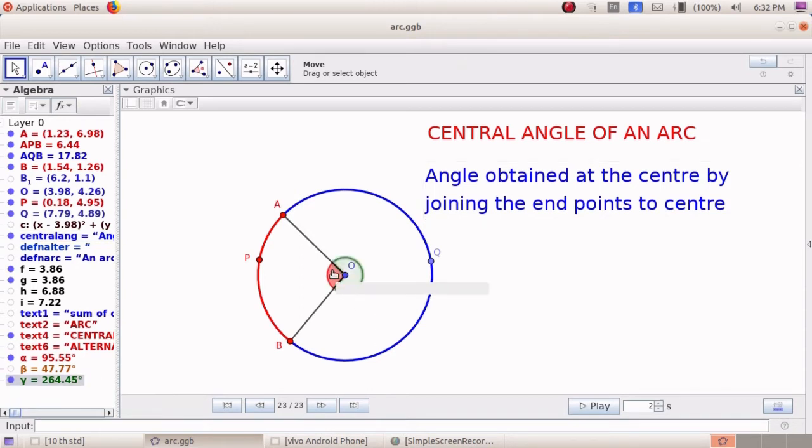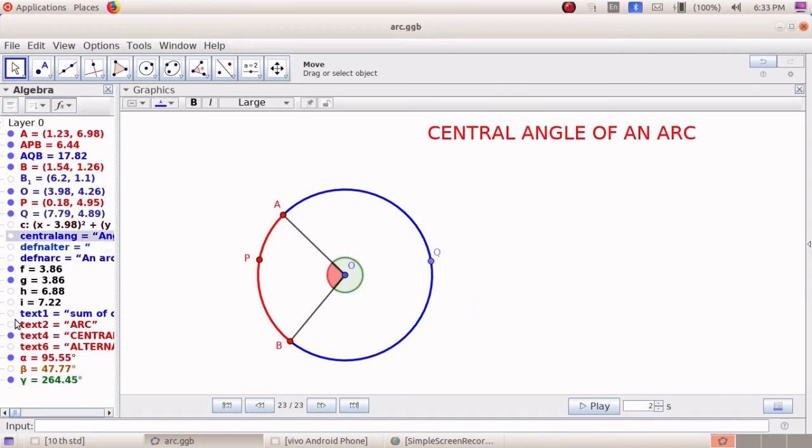Now we see when these two arcs are considered together, they form the total angle around a point. You see, when these two angles are considered together, their sum will be 360 degrees. That means the central angles of alternate arcs together determine the angle around a point.